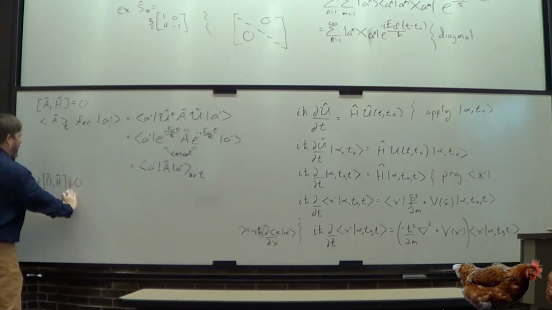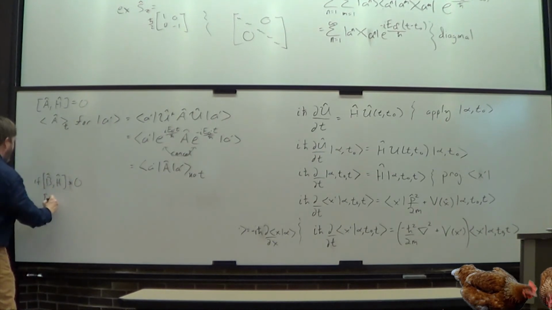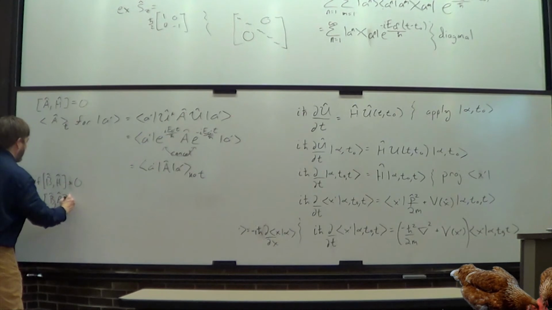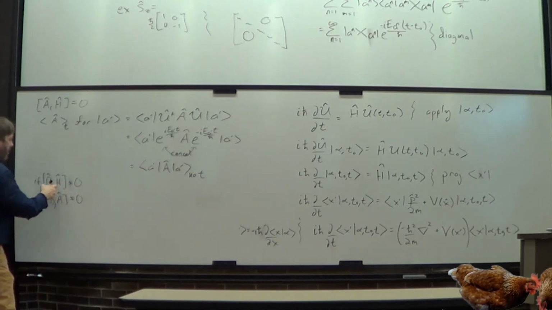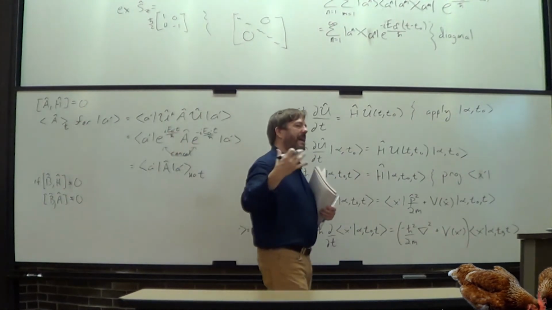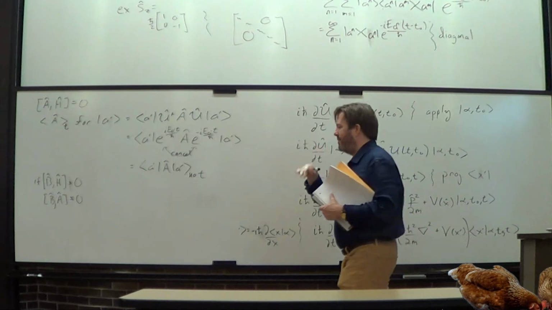Okay, so let's make it harder. B does not commute with H, B does not commute with A. I think one implies the other, by the way. I'm not too sure if it could commute. If B does not commute with H and A commutes with H, then I'm pretty sure B cannot commute with A either. Like, there's some identity.